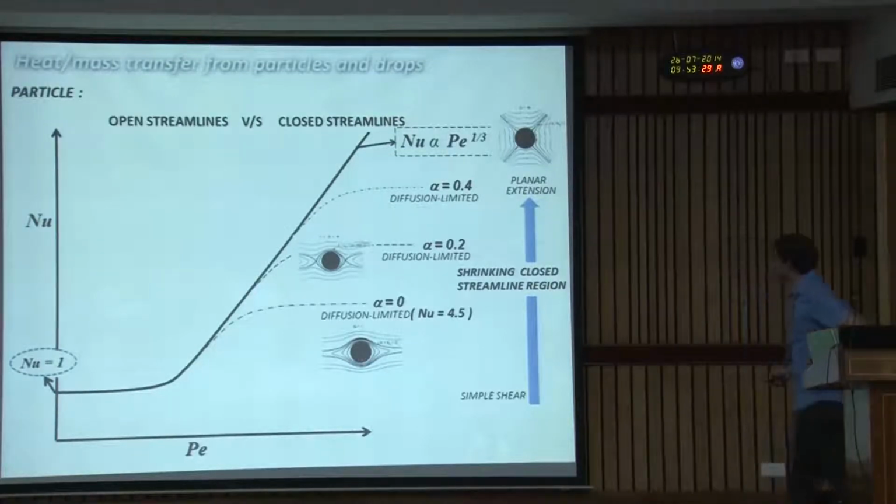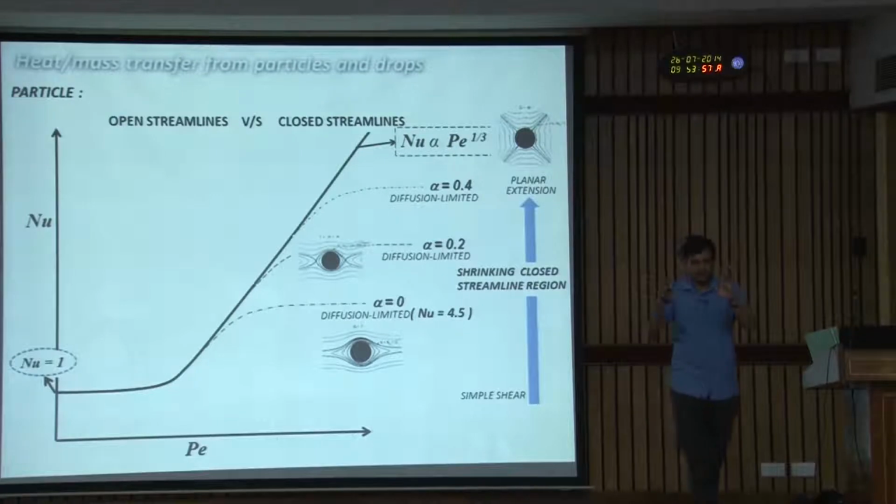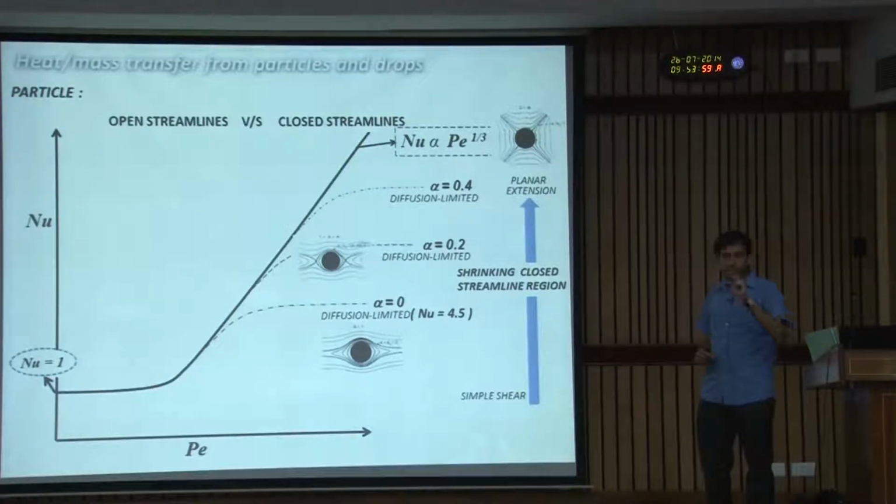So, that is the case we have already looked at. It is a linear flow with open streamlines. In that case, the Nusselt number starts from 1 and then goes off along with a 1/3 slope on a log-log scale. But as soon as you make alpha non-zero, it does go up to a certain extent, but then beyond a certain Peclet, it saturates, because the boundary layer starts thinning. Now, there is another length scale there, which is the thickness of the closed streamline region.